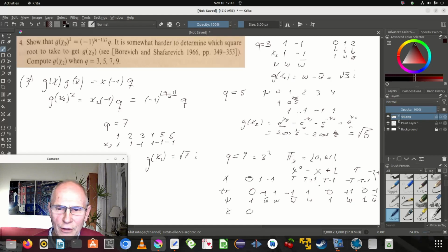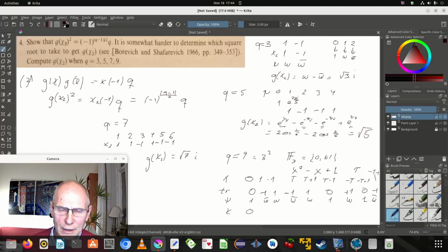I'd like to find a generator for this multiplicative group of order 8. I need that. And I think T is a generator. So let's try.